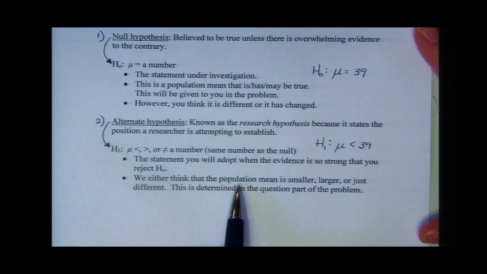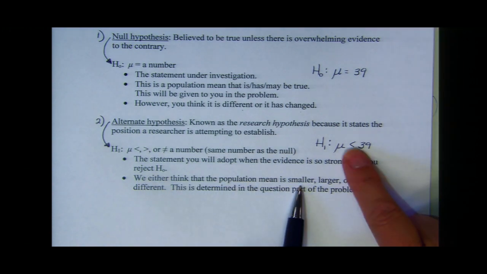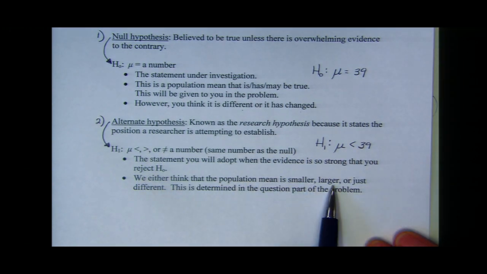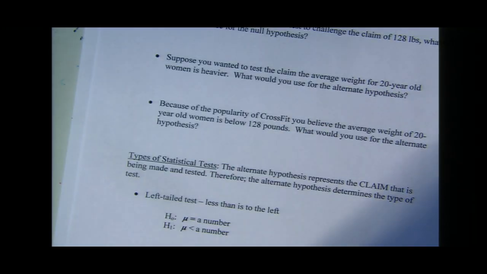We either think the population mean is smaller, which would be less than, larger would be greater than, or just different, which would be not equal to. This is determined in the question part of the problem. So let's do a quick example of just looking at how to set up the null and the alternate hypothesis.